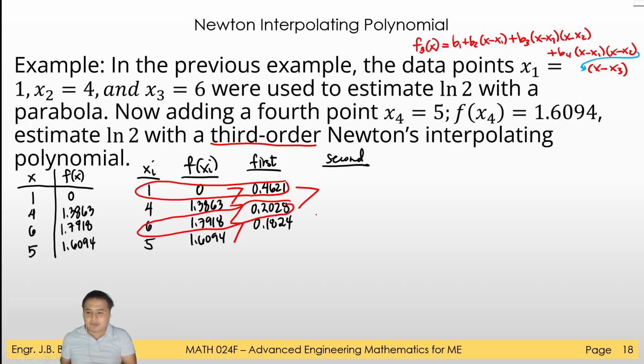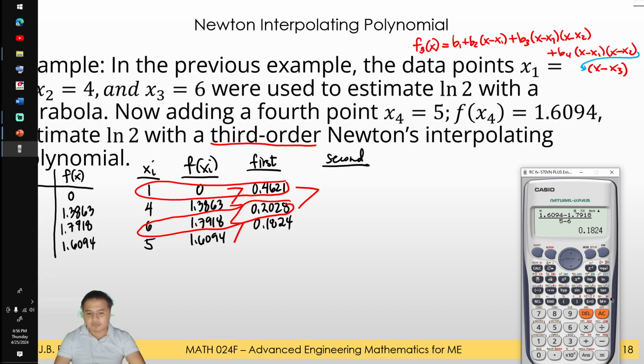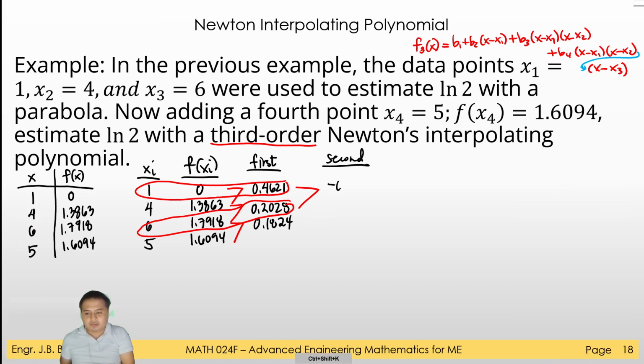So your divided difference here, as we call it, will be 0.2028 minus 0.4621, and then all over 6 minus 1. So we have negative 0.0519.